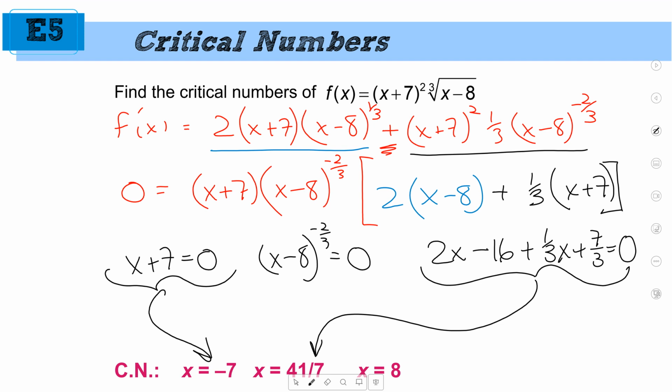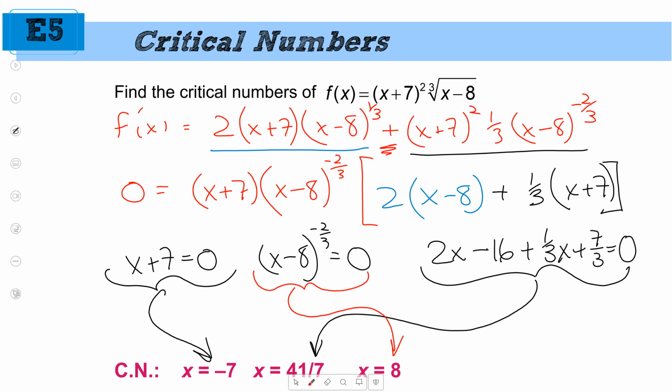Let's talk about this guy, however. You'll recall in the beginning of the slideshow, I talked about critical numbers being where the derivative is equal to 0 or where the derivative is undefined.